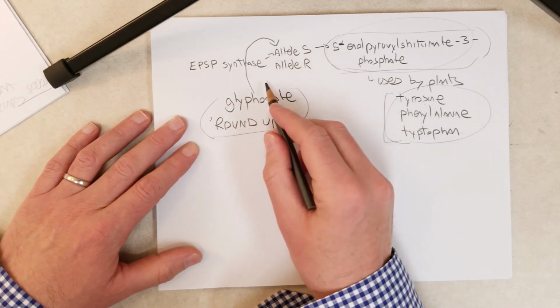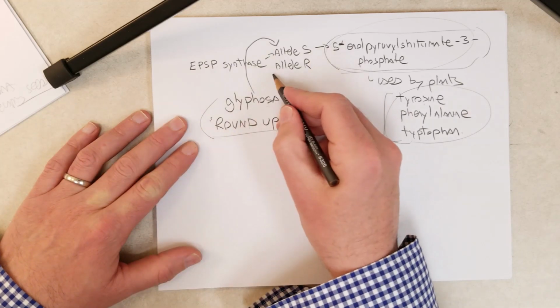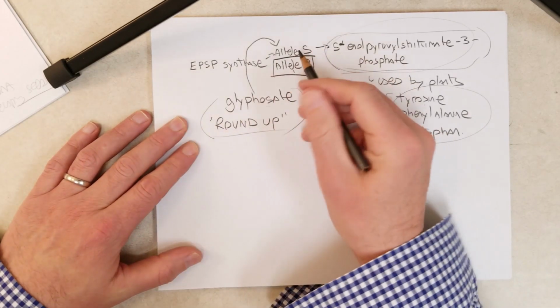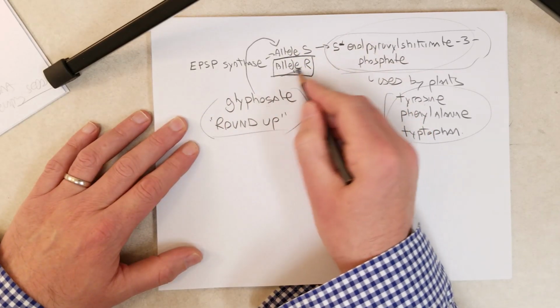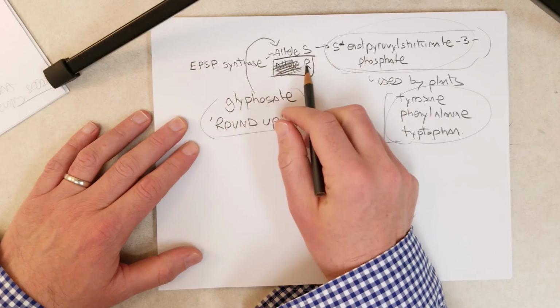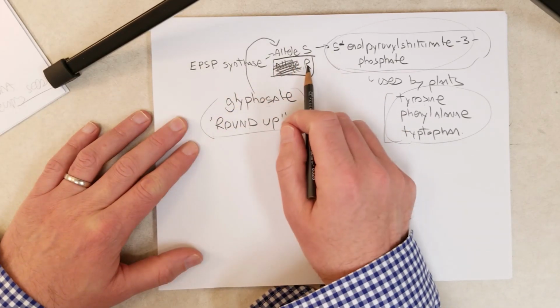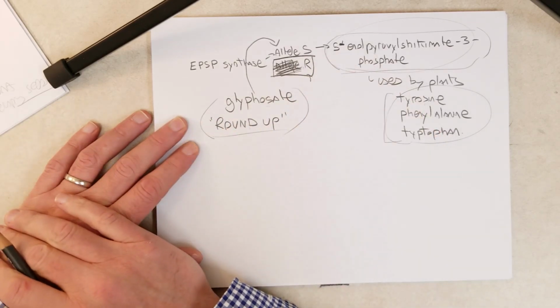So if you wanted to make a plant that was resistant to the herbicide, you would need to give it allele R. I don't know if I should call these alleles, I guess different versions of the same gene, because I think this R version isn't necessarily naturally found in plant populations, but it might come from a microorganism that is resistant to glyphosate.